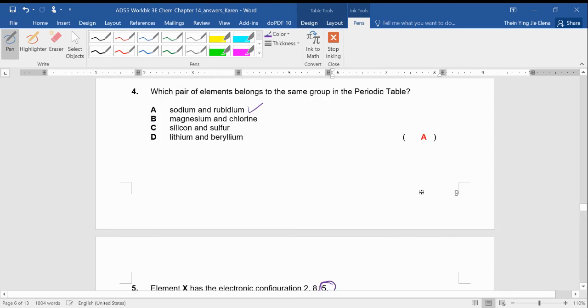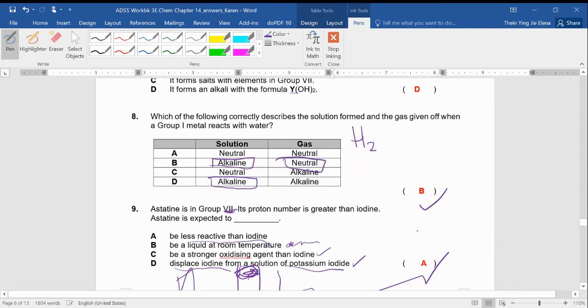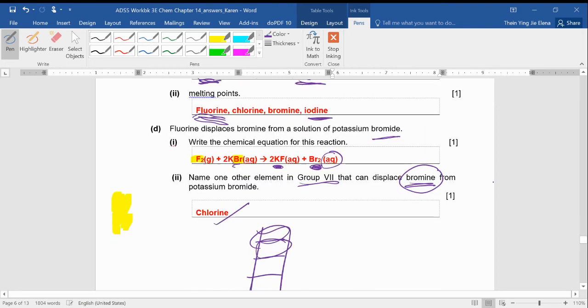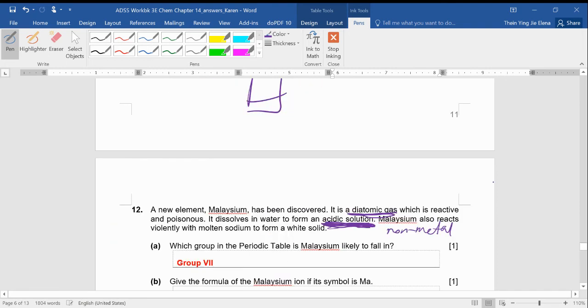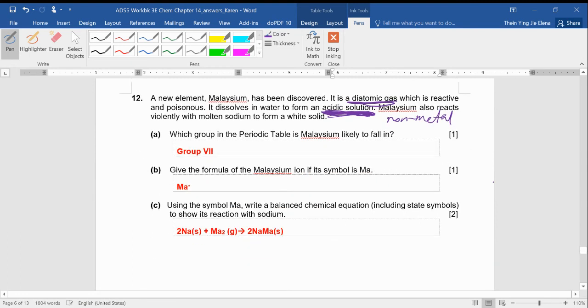So we go back to the question. Sorry, my laptop's a bit slow. It can react with metals, for example, sodium, to form a white solid. Okay, so which group can it fall in? Group 7, which can react with metals. I just showed you just now.